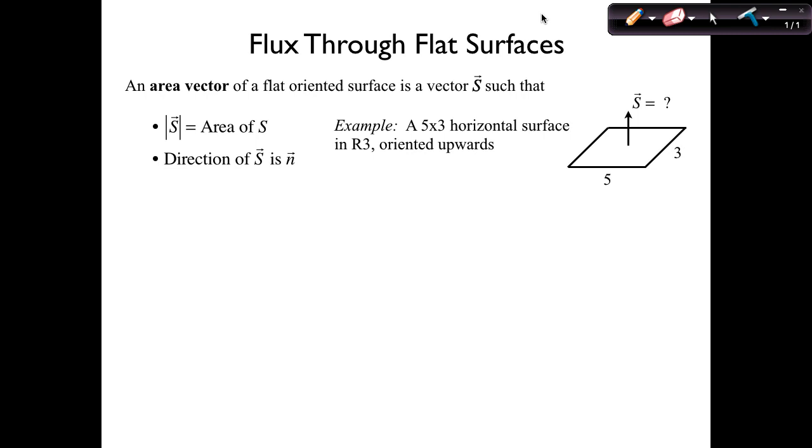So what vector has its magnitude as the area of the surface, and is orthogonal to the surface? 0, 0, 15. Yes, 0, 0, 15, or 15k. He said 0, 0, 15. That's the same thing, right? Make sense?